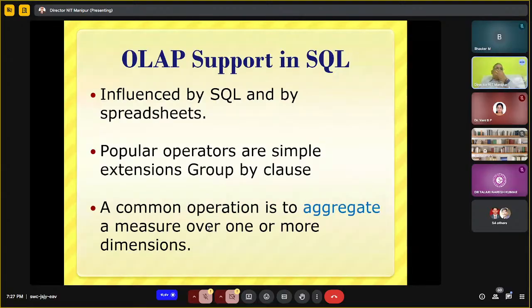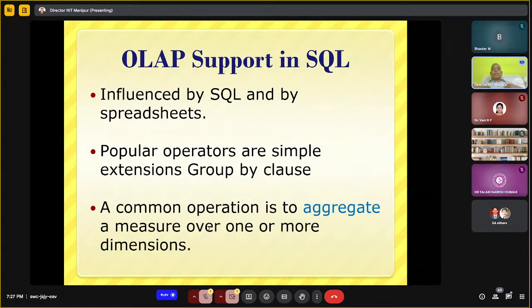That means every cell value in a spreadsheet is computed based on the formula, on the value returned by that function. So that's called a spreadsheet.